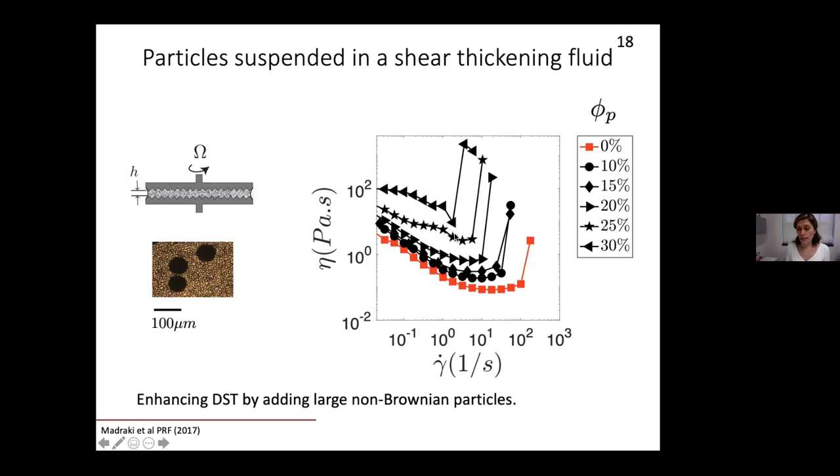But another interesting thing is that as I add particles into the system, the critical shear rate moves to the left. So there is a smaller average shear rate at which this jump happens. And again, we can explain it with the scaling laws that I just introduced. The reason is that when we add these larger particles into the system, we increase the local shear rate.